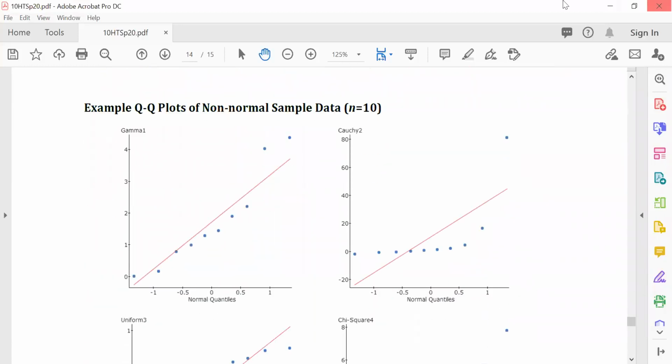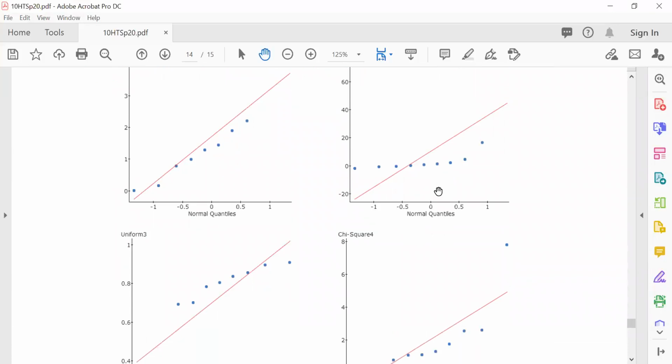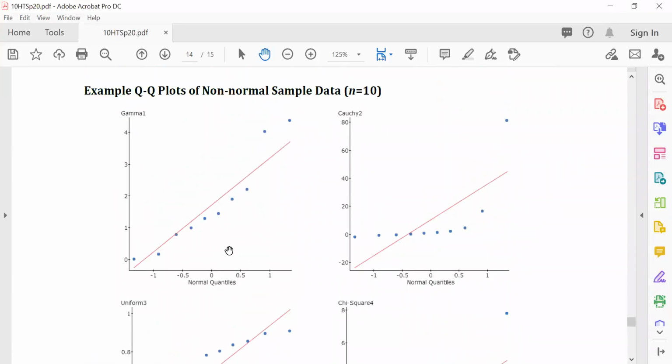So here are examples of QQ plots from non-normal sample data. When your sample size n equals 10, which is a pretty small sample size, you can see those QQ plots. This is a QQ plot for the gamma distribution.